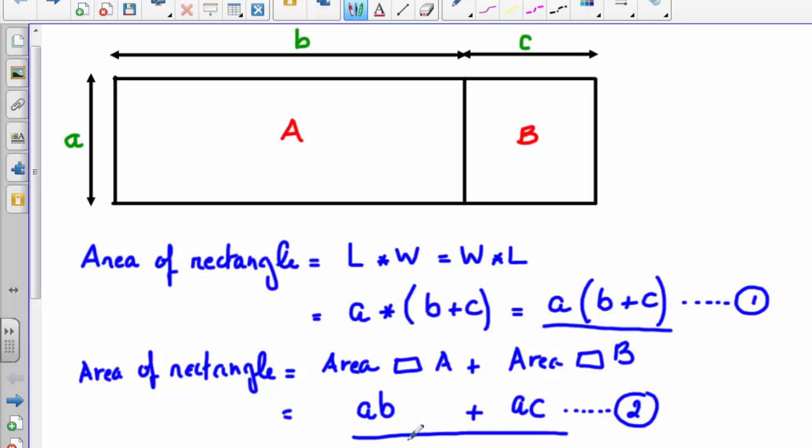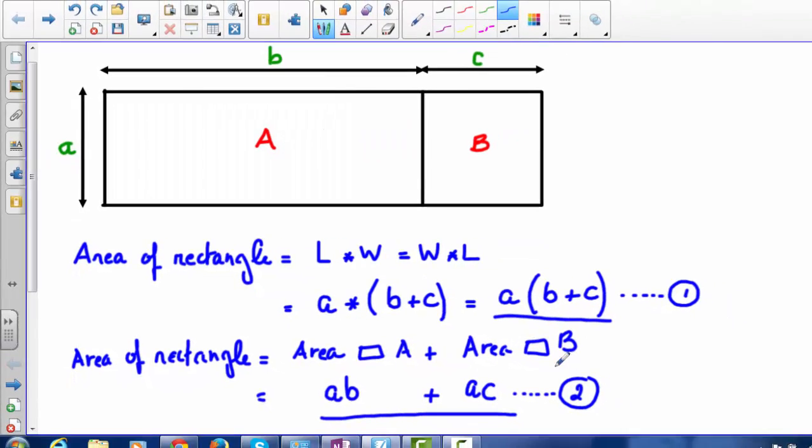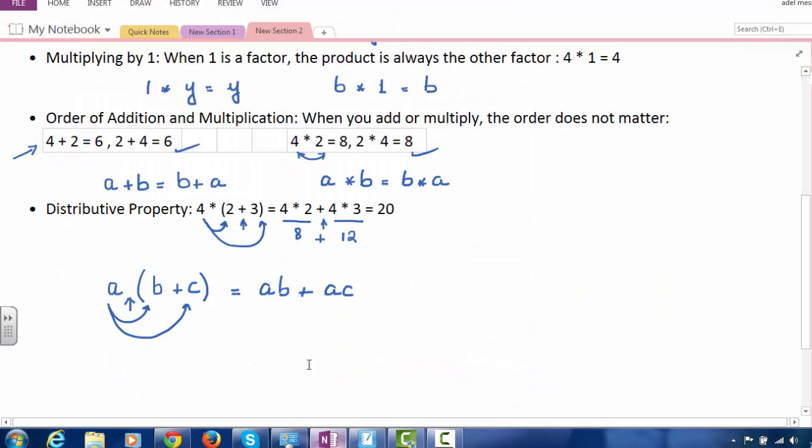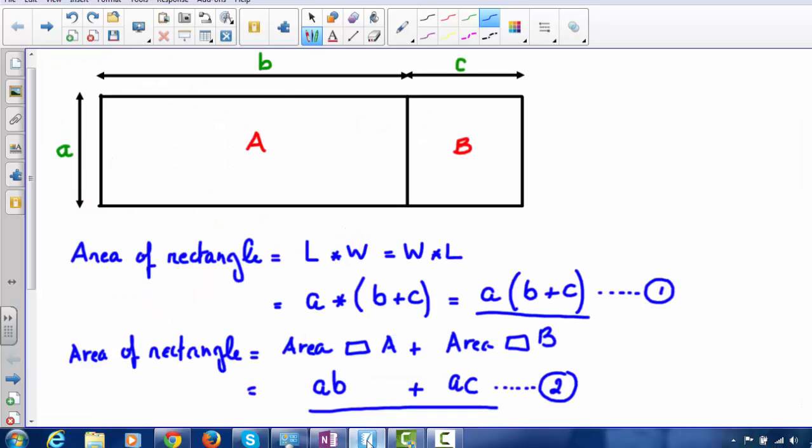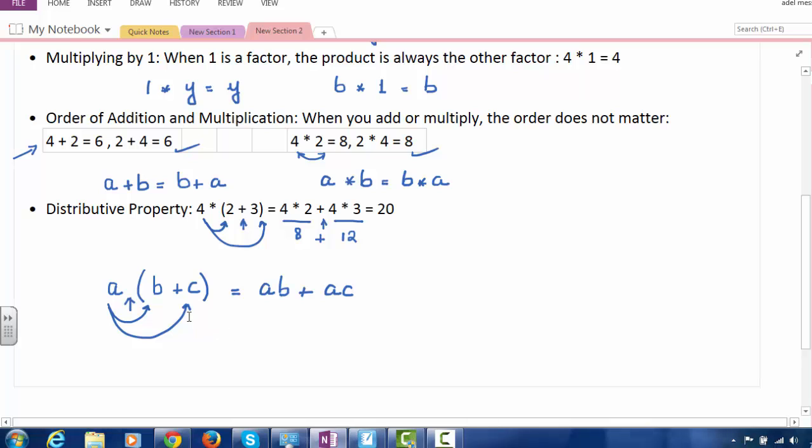From this relation, we demonstrate that it is correct: when we distribute a and multiply it by b and add it to a by c, it's the same value as this one. So the left side equals the right side. Number 1 equals number 2, demonstrating that these two are equal.